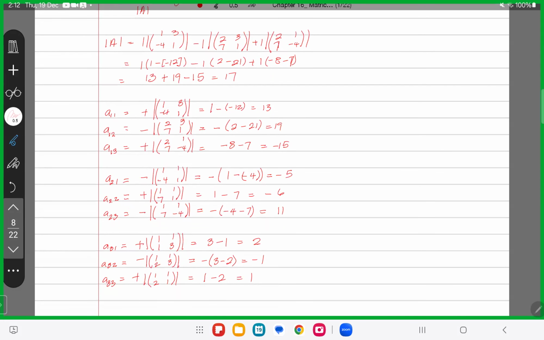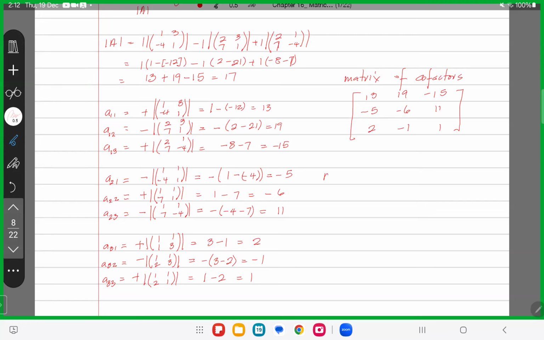So the matrix of cofactor is 13, 19, minus 15, minus 5, minus 6, 11, 2, minus 1, 1.